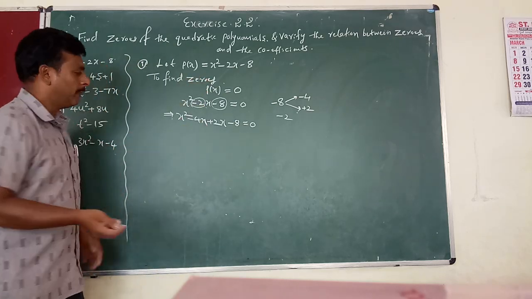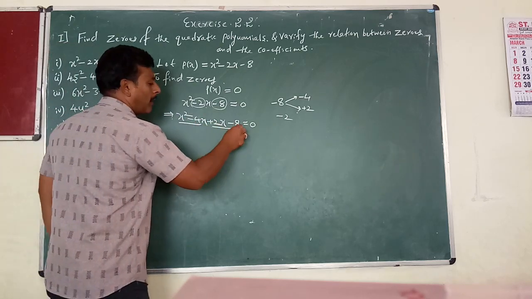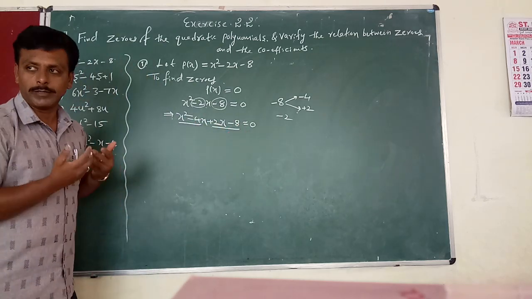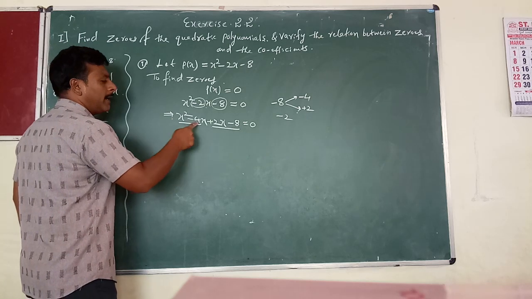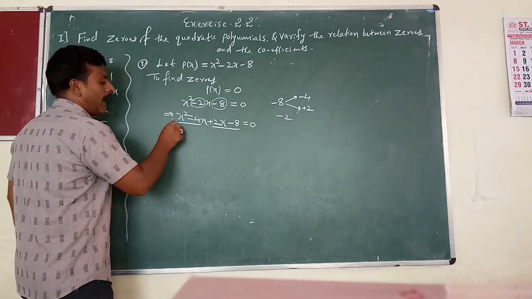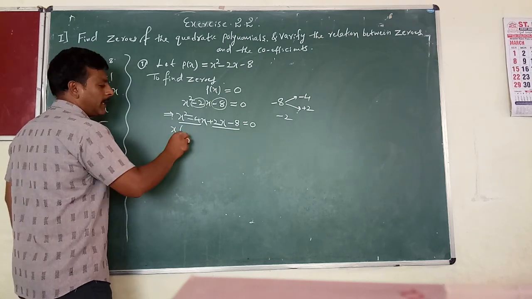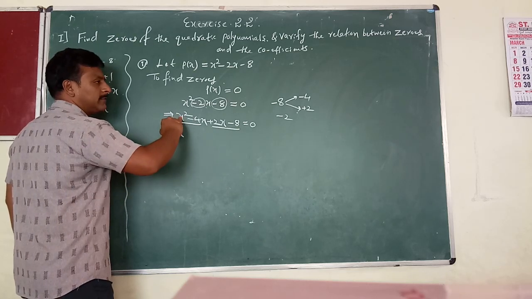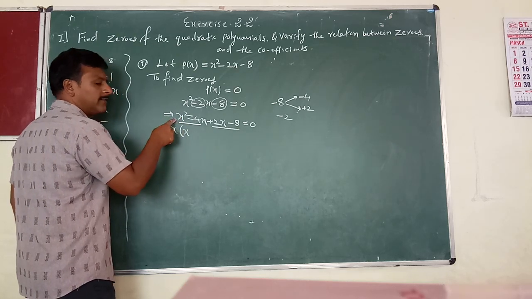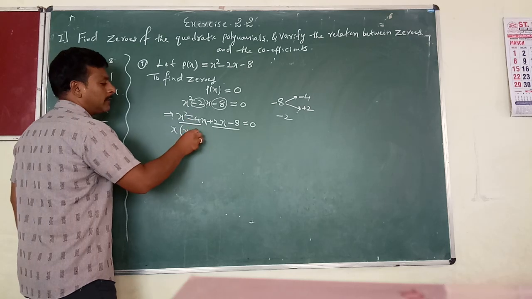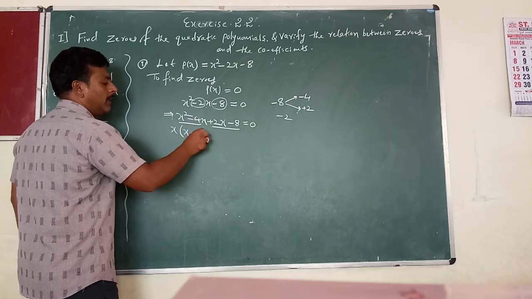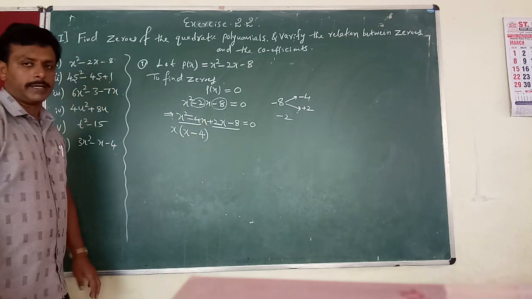After that, you know, we have to make groups of 2 terms and take common whatever is present. In x square minus 4x, what is common? x is common. When you take x common, x square divided by x gives x. Next, minus 4x means x is outside, so 4 remains inside the bracket.